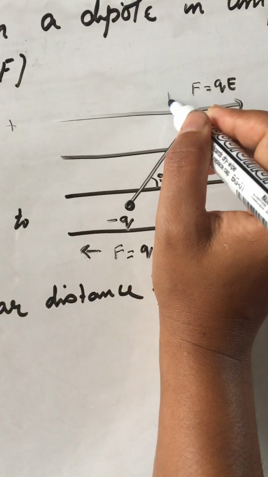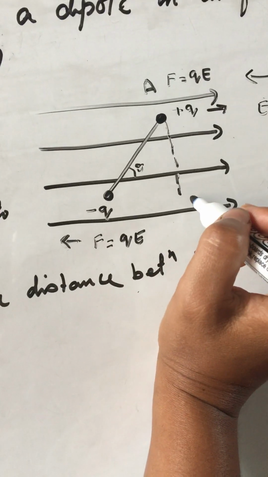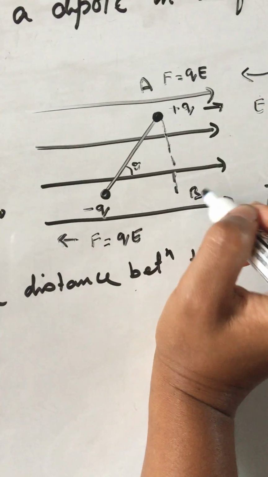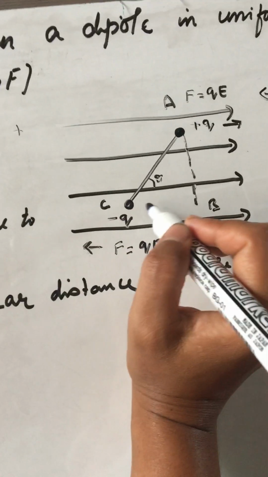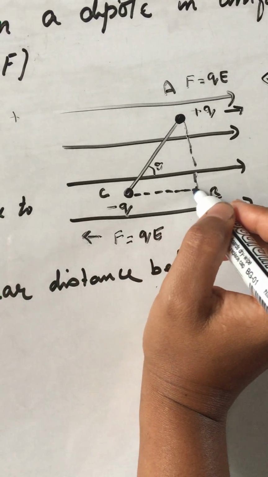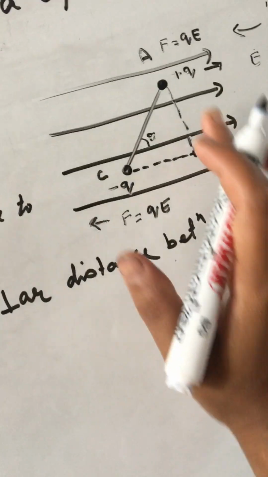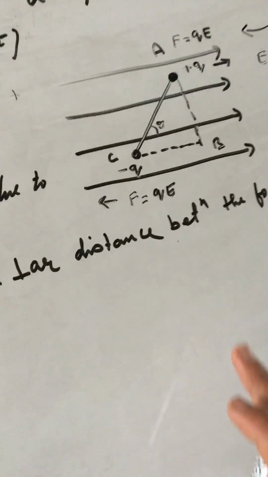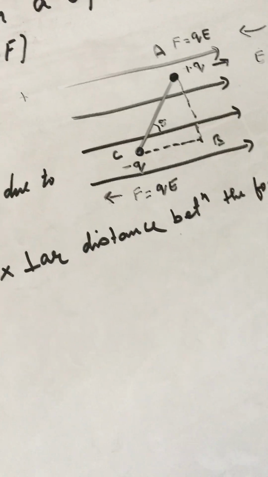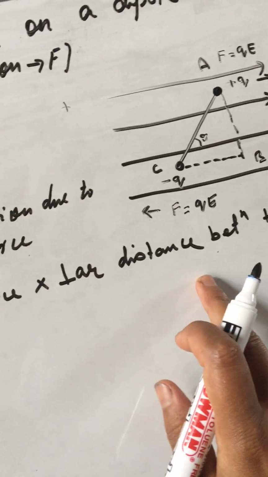Let me name the points A, B, and C. In your notebook I may have used other notations, that will be up to you students. Either of the forces and the perpendicular distance.